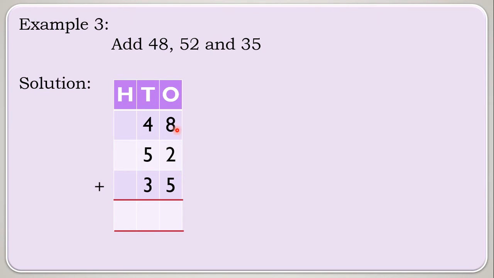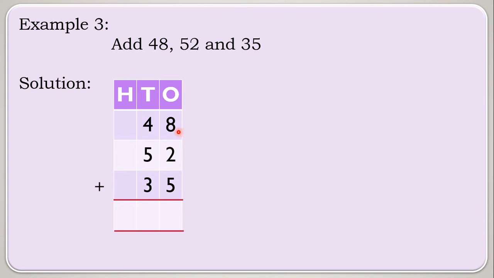After writing the given numbers one below the other, now we will add these numbers as per their place values. We will add the digits in ones place first, and if the sum is 10 or more than 10, we will carry 1 to the next place.